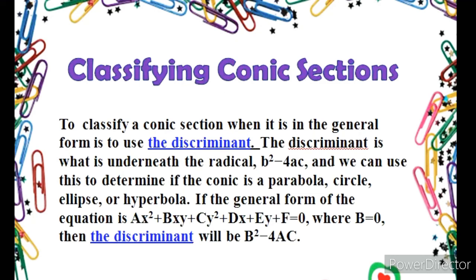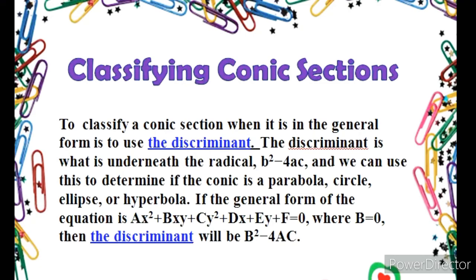If the general form of the equation is ax squared plus bxy plus cy squared plus dx plus ey plus f is equal to 0, then our discriminant will be b squared minus 4ac.